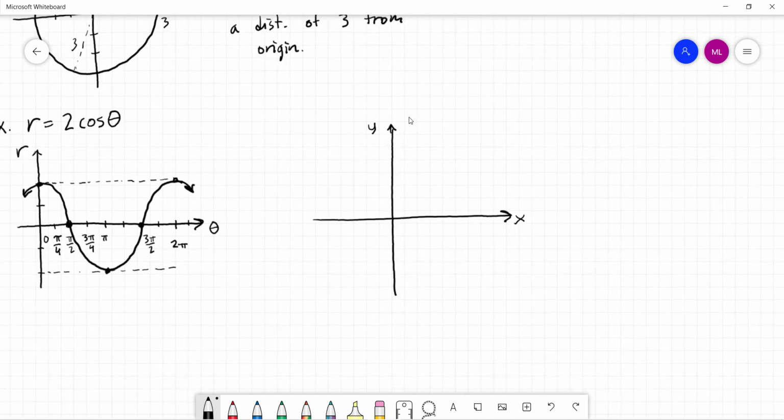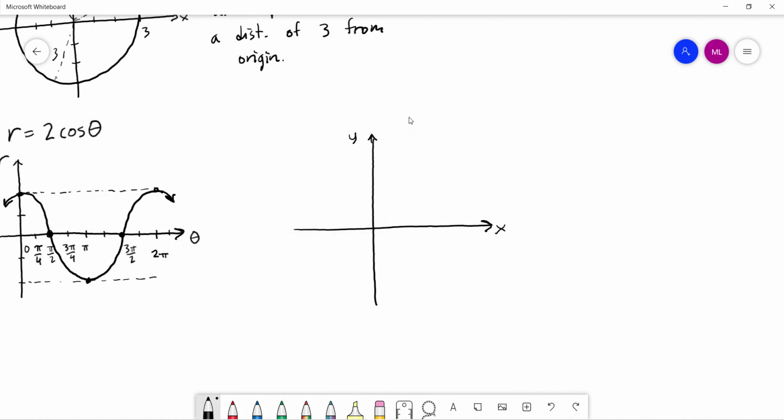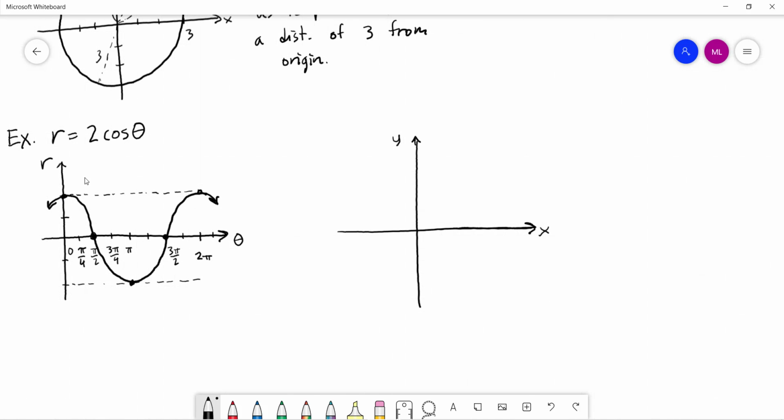So coming back down here, if the angle is 0, that means I'm on the positive x-axis. And I'm going what distance from the origin? I'm going out a distance of 2. So right here, this point, that is the point r equals 2, theta equals 0.